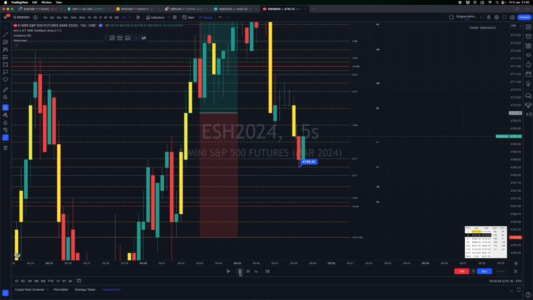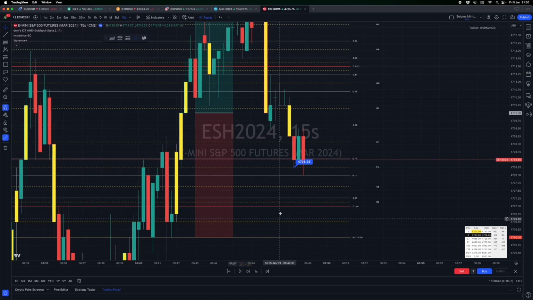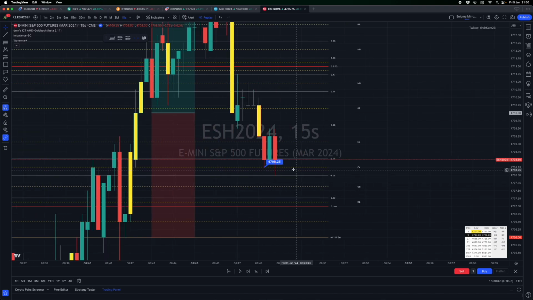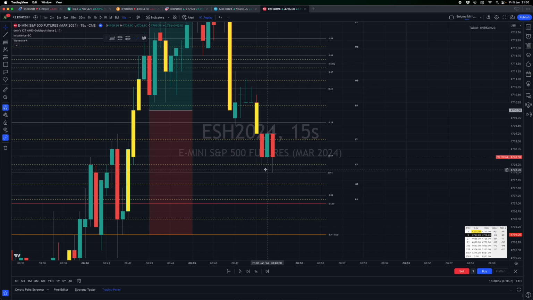So I'll show you this now. Okay, so see this candle here? We have now had a stop run of liquidity to a GB level exactly. Okay, there's your stop run.